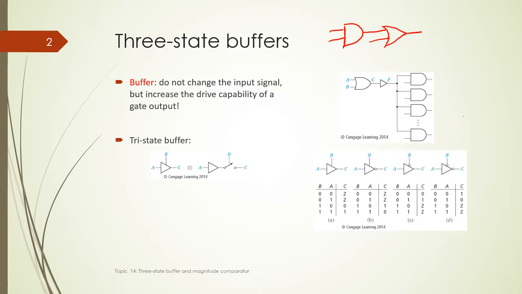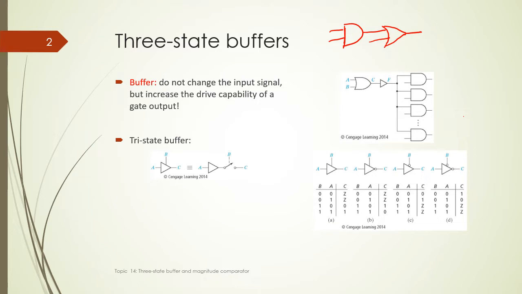If we look at the graph on the right, think we have an AND gate, and we want to connect its output to another gate. If there's only one OR gate, that's okay, because all the output current from the AND gate will go into the OR gate. So it won't cause big delays.